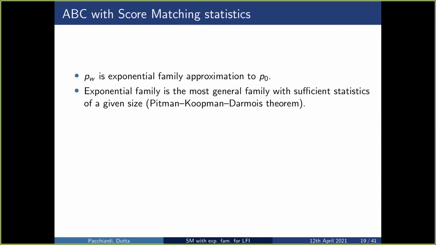And exponential family is one of the most general families with sufficient statistics of a given size, which comes from this famous Pitman-Koopman-Darmois theorem. And we use these statistics, which we are learning from this FW, in ABC. We can use it in ABC. And we can call it ABC score matched.